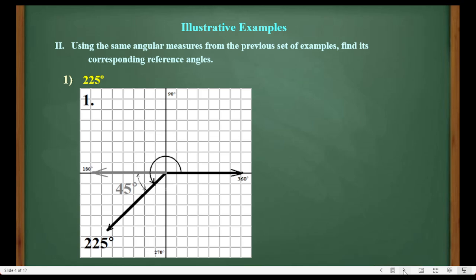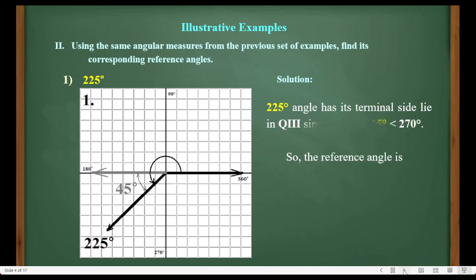Now how do we get the reference angle? So this is the solution. The 225 degree angle has its terminal side in quadrant 3, since the given angle, which is 225, is in between 180 degrees and 270 degrees.